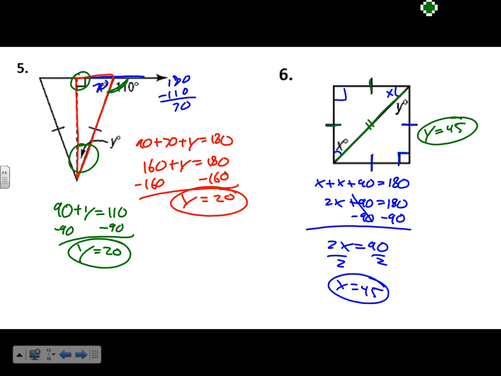You could look at it as these lines are all parallel to each other because they all meet at 90-degree angles. That's another way you can do it. Or, last but not least, you can do the same thing you did with x's, you can do it with the y's. So this bottom angle is y, so we have y plus 90 is equal to 180, and solve the same exact way. It takes a little bit of time, but that'd be fine. You get the right answer.